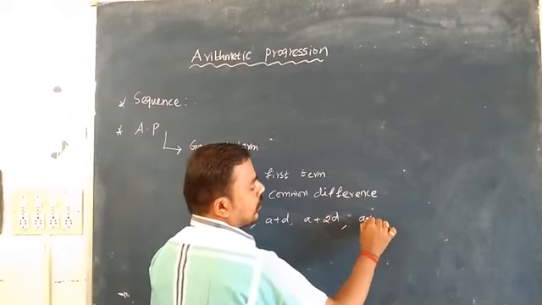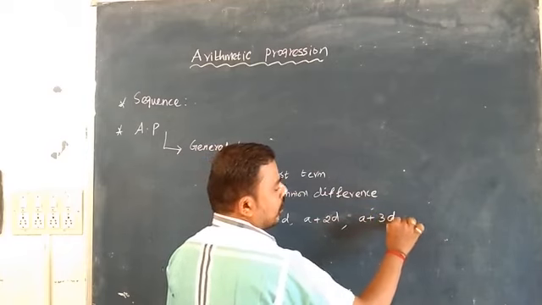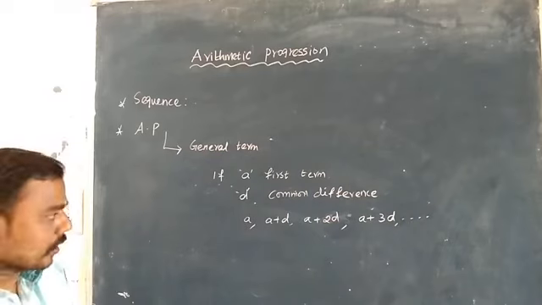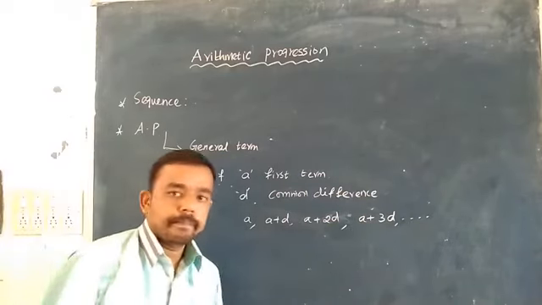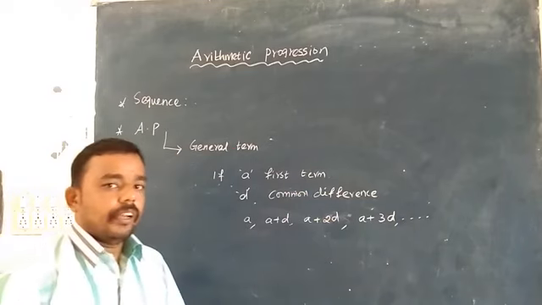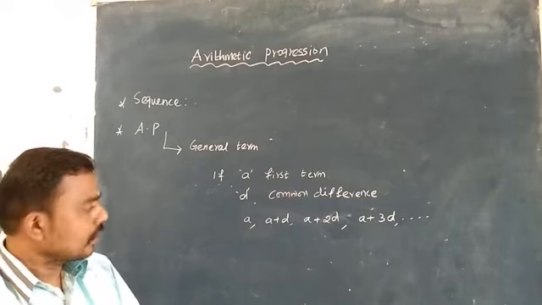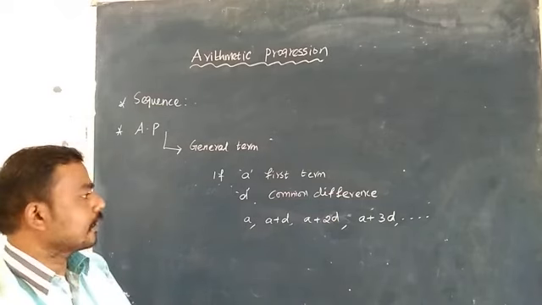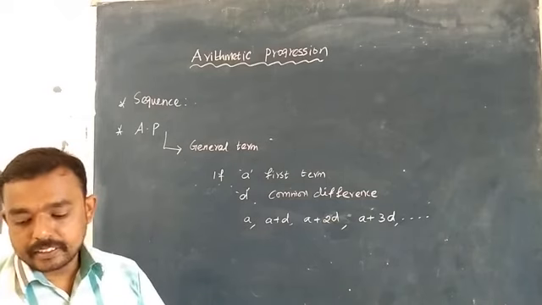And A plus 2D plus D is A plus 3D and so on. So this is the first term, second term, third term, fourth term like that. You may write your last term also. How to write the last term using your arithmetic progression, this also we can write.